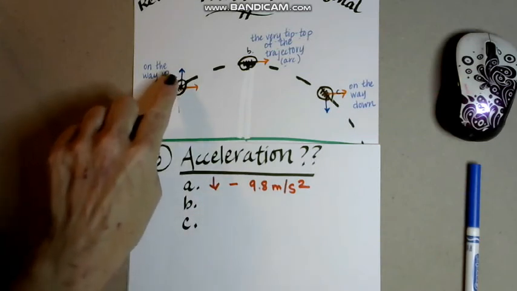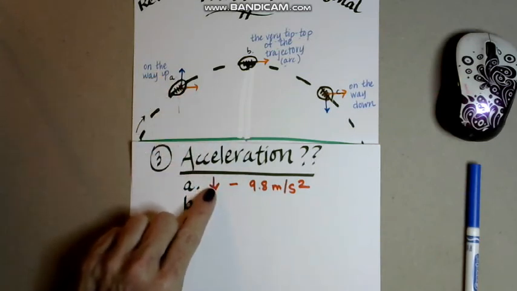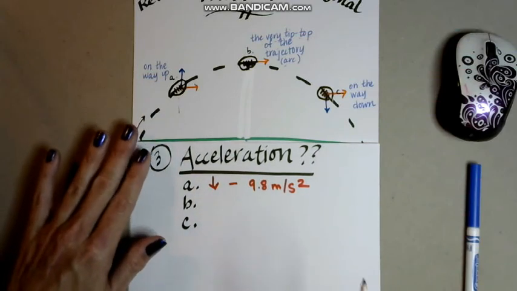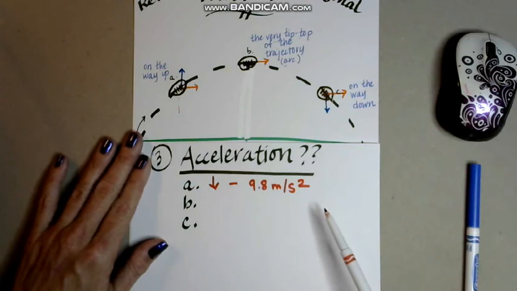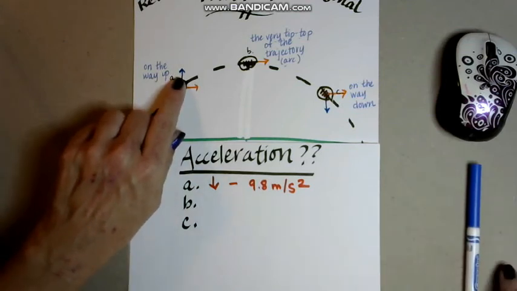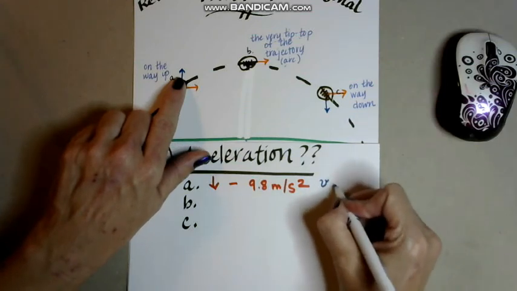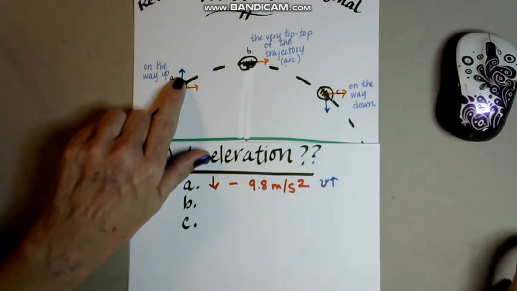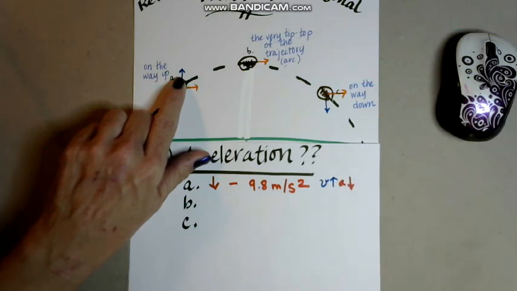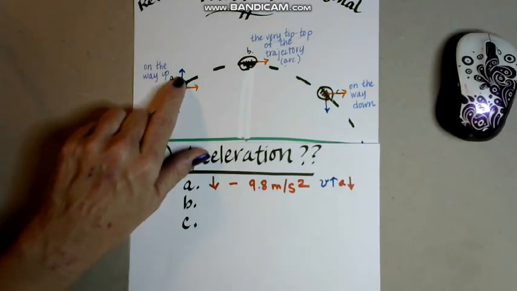How can it be traveling upward and have a downward acceleration? Think back to the number 1 and number 2 videos you just watched. If you have initial velocity going up and acceleration going down, what is happening to your object?